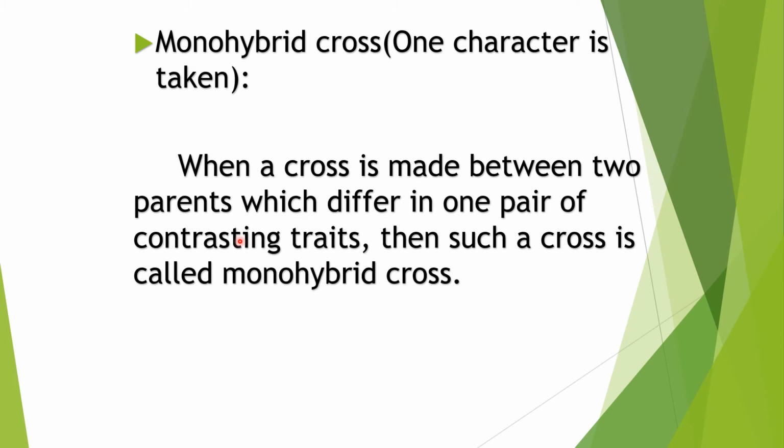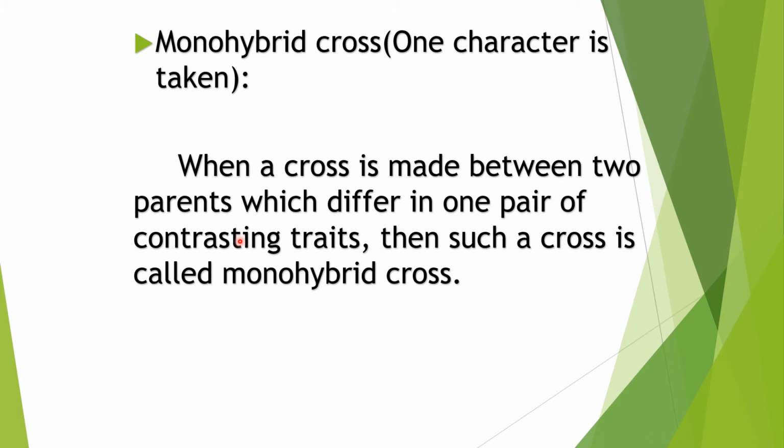That means, let's say one parent is tall and another parent is dwarf, and the parent who is tall is a pure tall individual, and the parent who is short or dwarf is a pure dwarf individual.